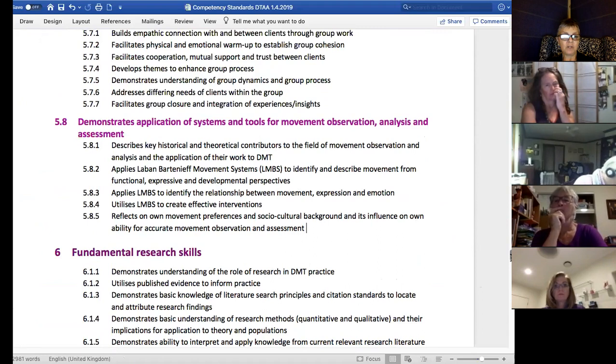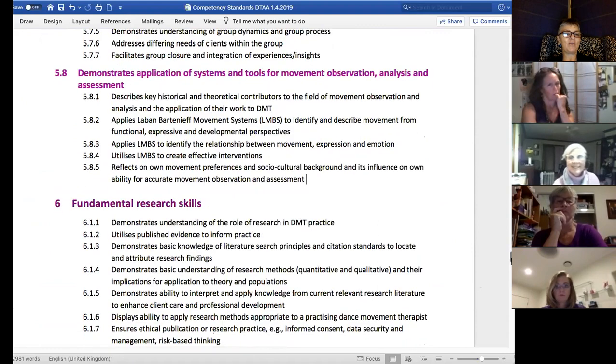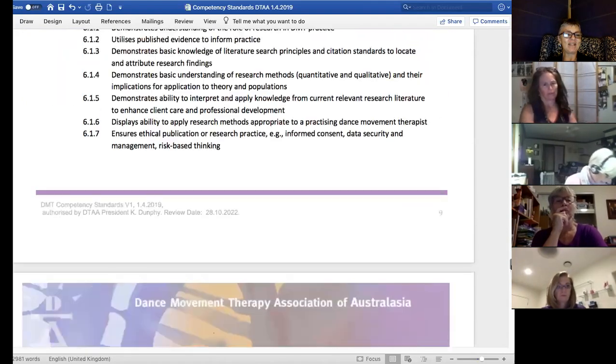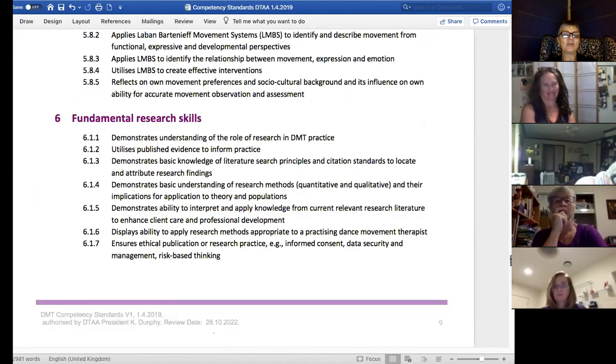So just pushing on, Sandra, you can do this one. Research, so now I'm going to do research. A relatively short one. A dance movement therapist at a basic level doesn't need to have capacity to do research, but they need to understand the role of research, to utilize evidence to inform their practice, to know how to search a literature and understand what it's saying and how this might influence their practice, and then ensure ethical publication and research practice.